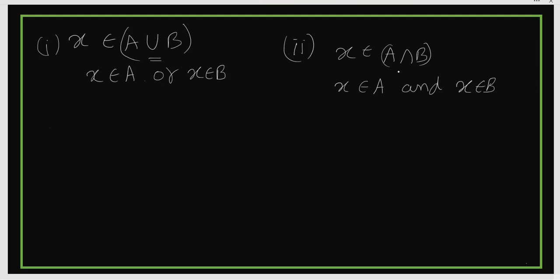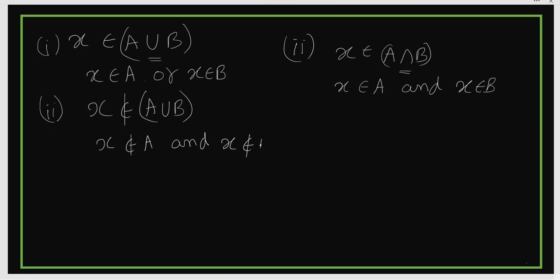This is for intersection. If x does not belong to A union B, then x does not belong to A and x does not belong to B. Remember that A union B, x does not belong to A union B means what?